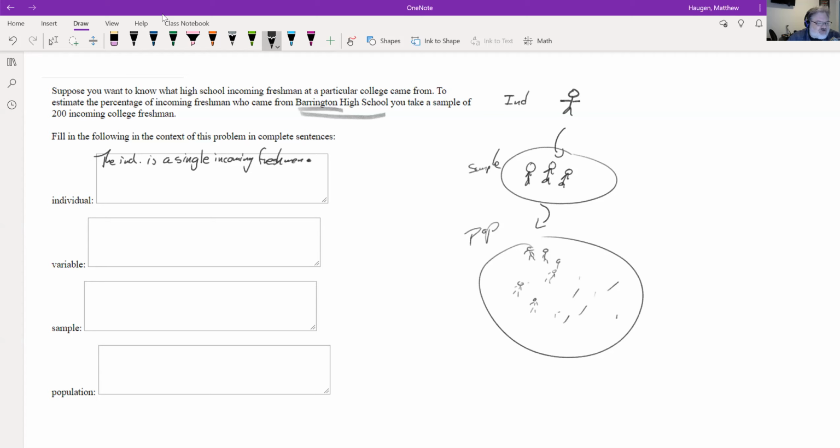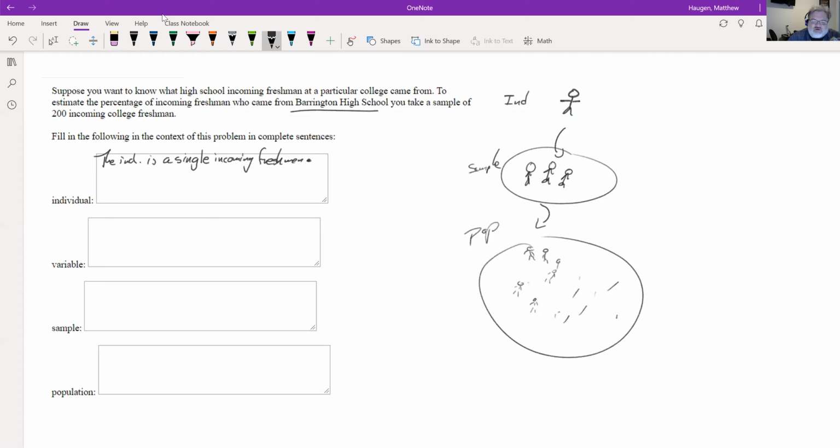It's essentially a yes or no question. If you ask, the variable is what high school you came from, and then you ignored everything that wasn't this particular high school, that would be certainly reasonable. But essentially, it's whether they came from this high school or not.